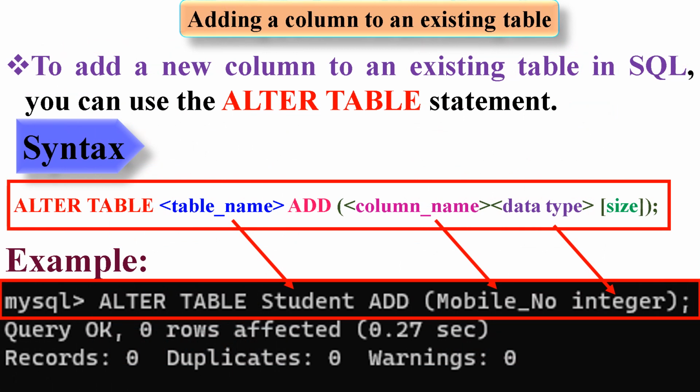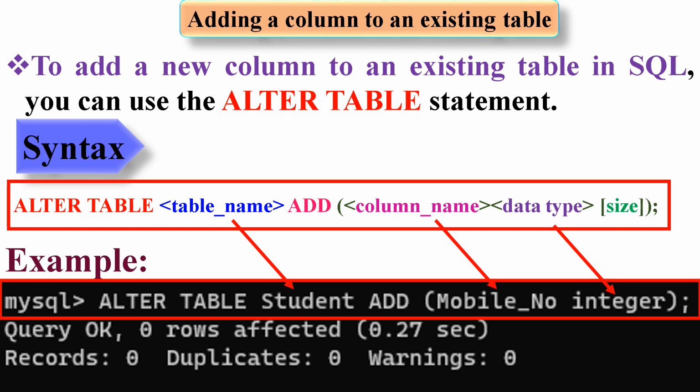Let's learn how to add a column to an existing table. To add a new column to an existing table in SQL, you can use the alter table statement. Once a table has been created, new columns can be added later on if required. The new column is added with null values for all the records or rows in the table.